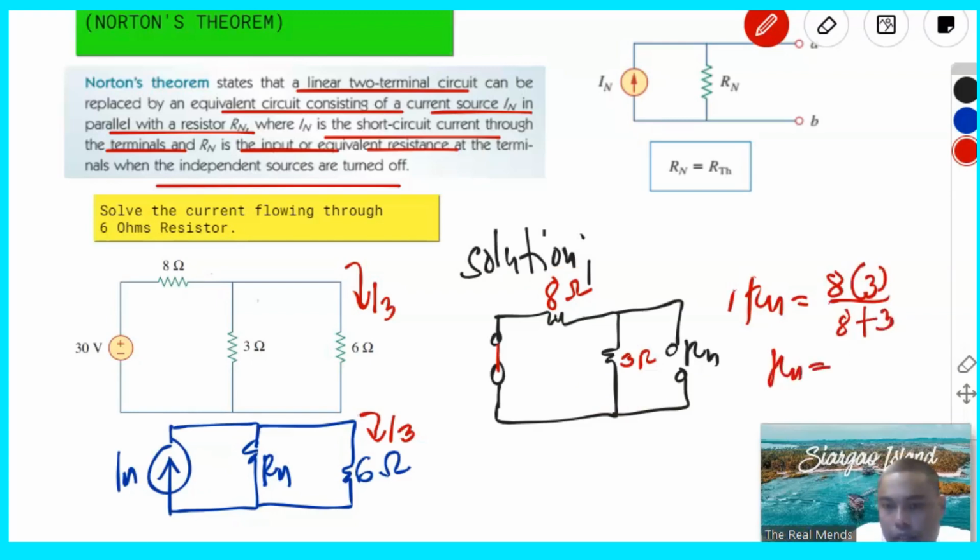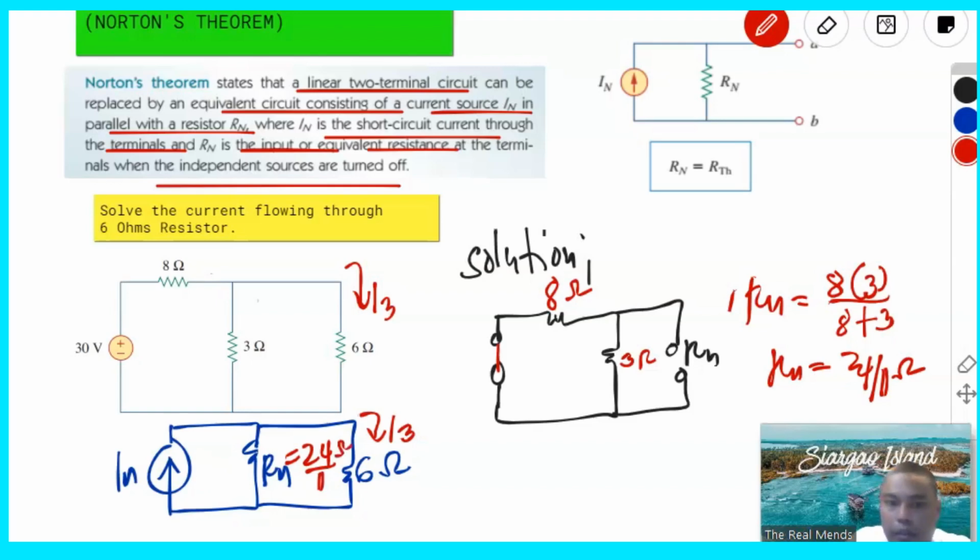That gives us 24 over 11 ohms. So our RN is equal to 24 over 11 ohms.